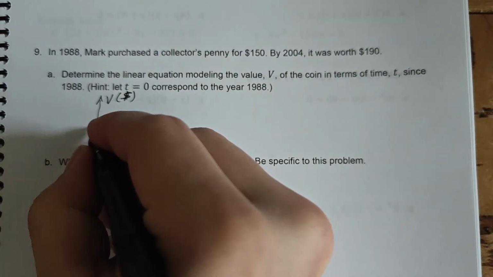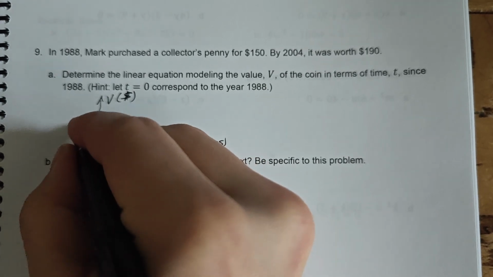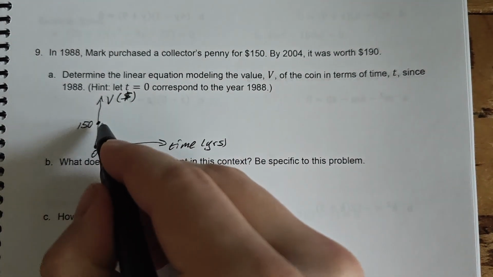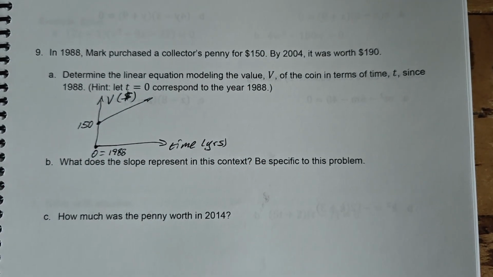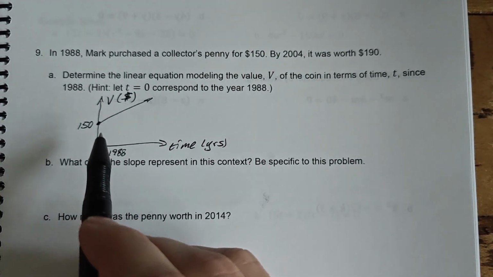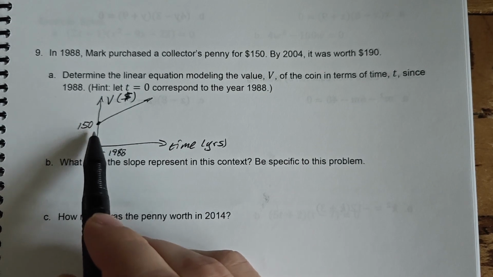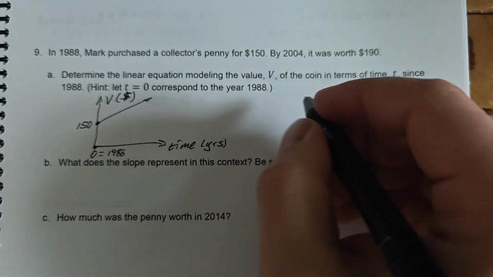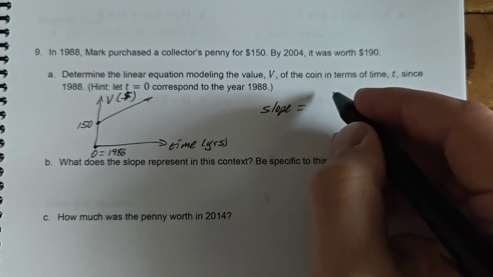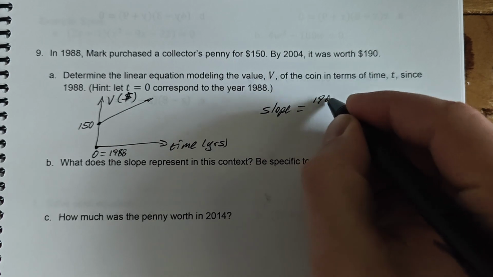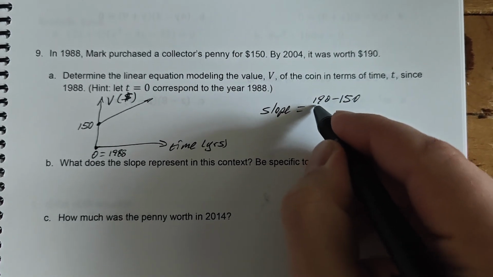Your money, your value, is equal to 150. And from there it increases, and so we're just going to be writing an increasing line that's straight. Well, we have an intercept. We just need the slope. Slope is the change in value divided by the change in time.